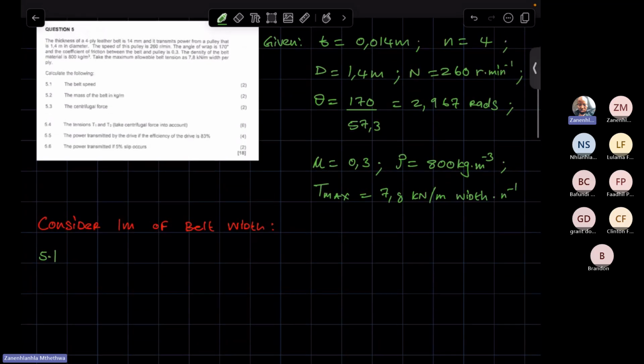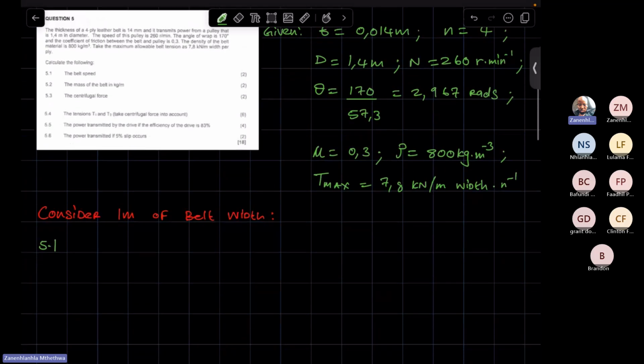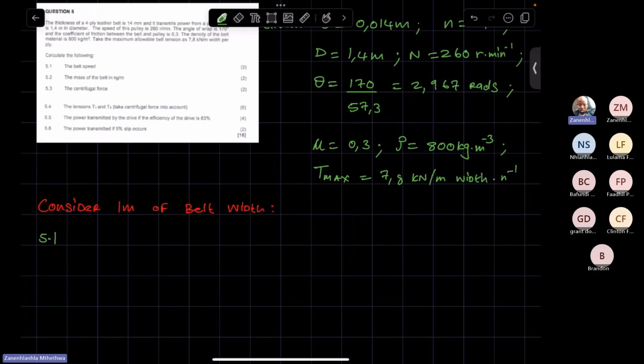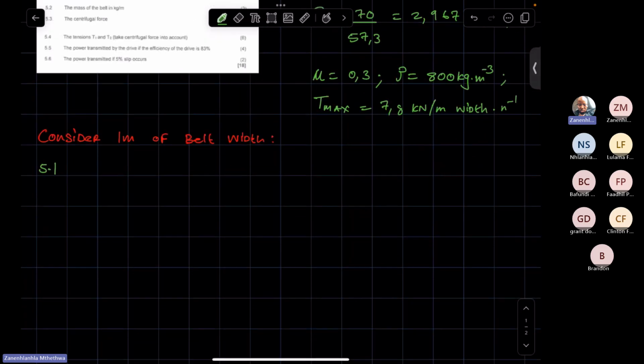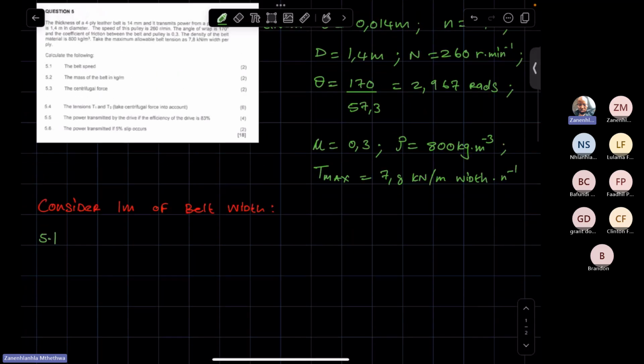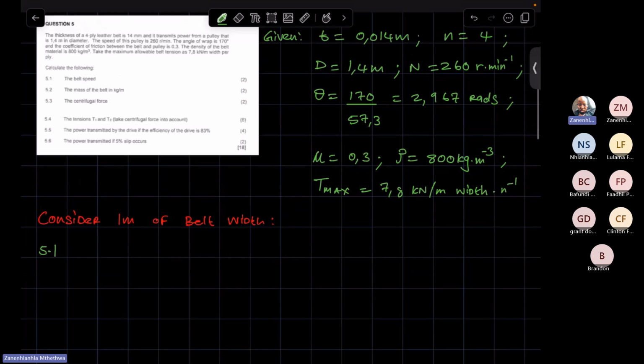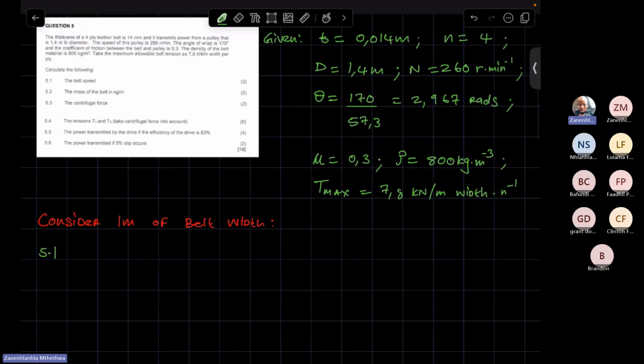Now the one, 4.1, they want us to calculate the belt speed, right? As you know, belt speed is the V, also known as the circumferential velocity, which is equal to pi dn. Now we use pi dn exactly as it is if we haven't been given the thickness of the belt.